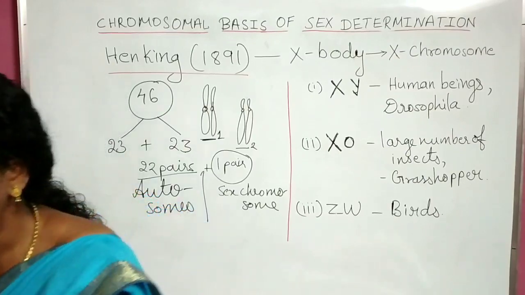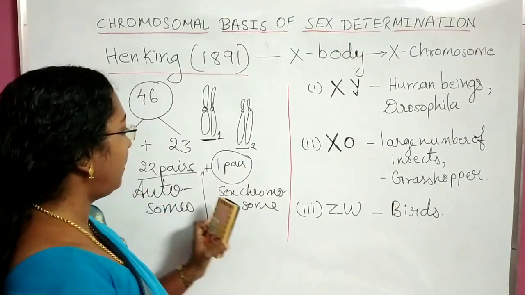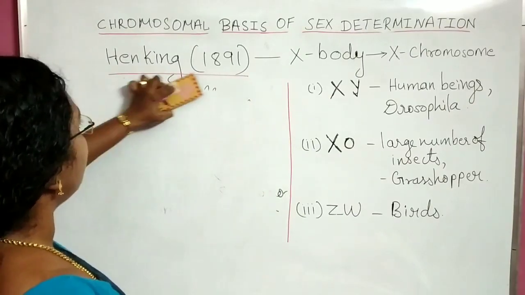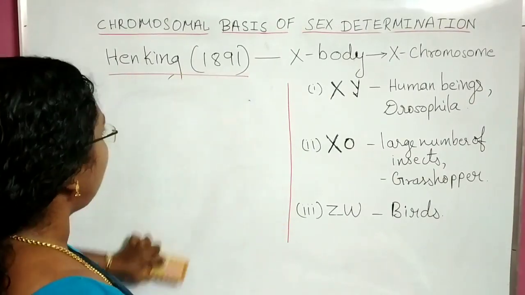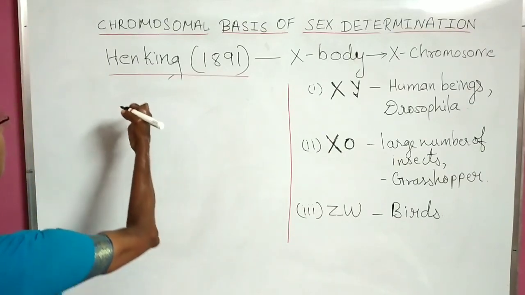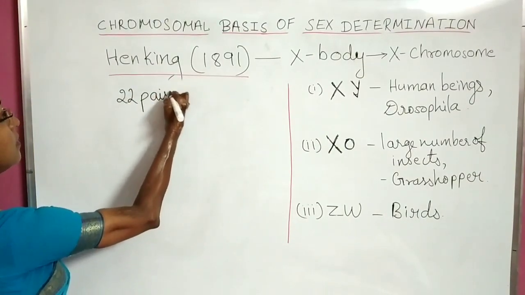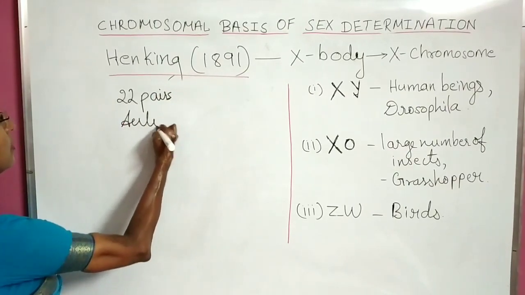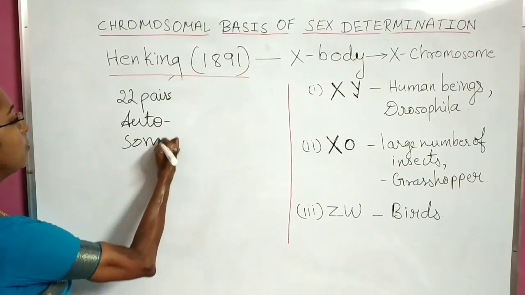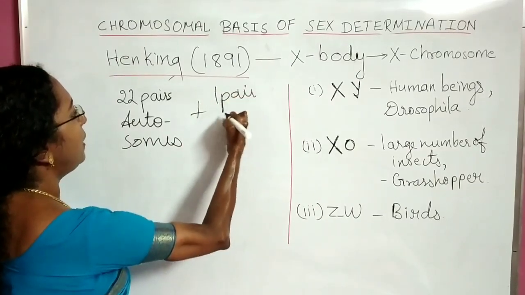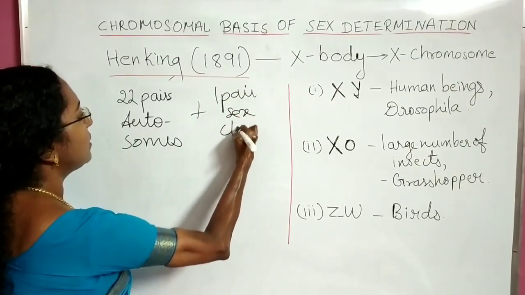Now, what is that one pair of sex chromosome here? 22 pairs of autosomes plus one pair of sex chromosome.